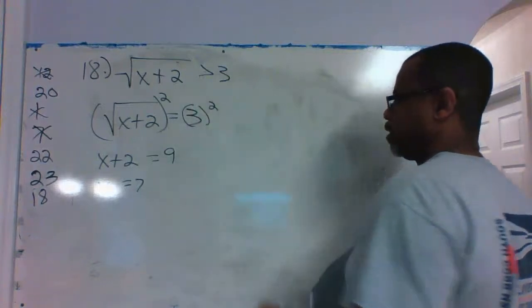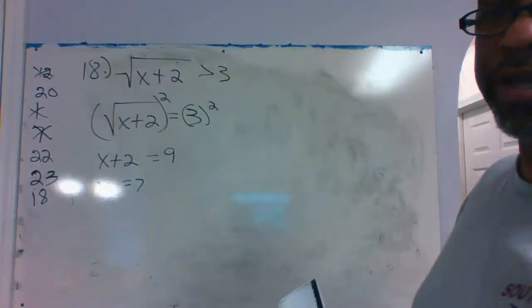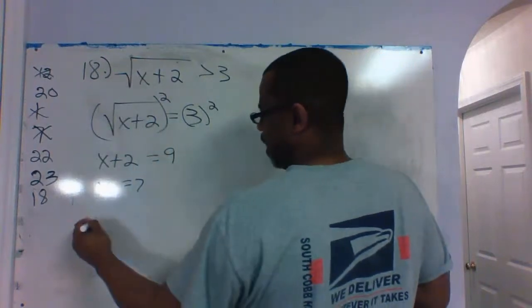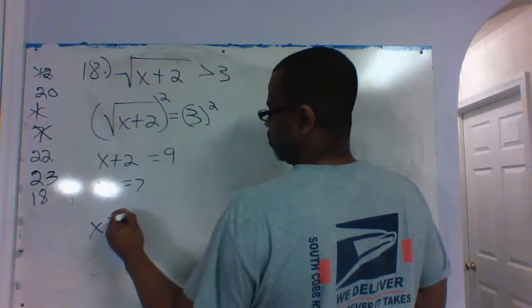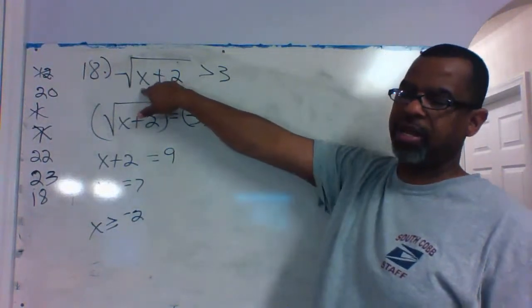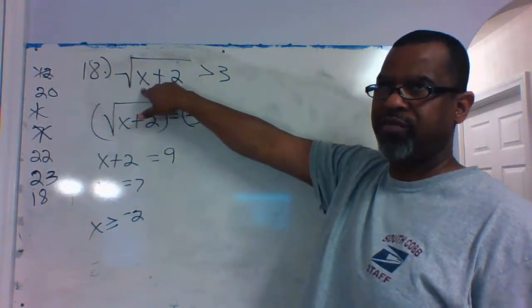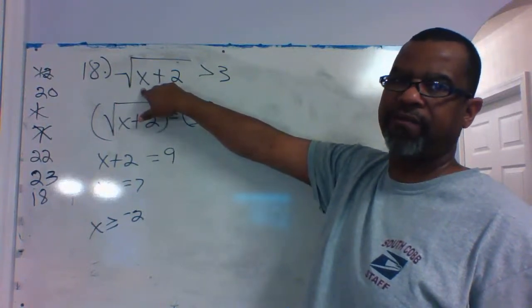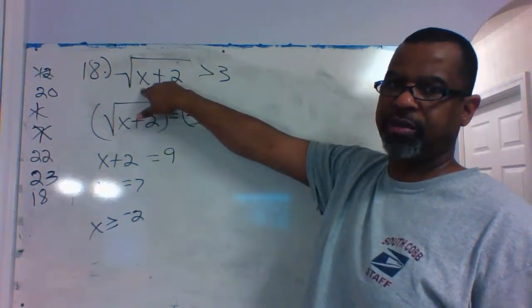Remember that this is a greater than symbol. Okay, so what we're going to do, we know that x has to be greater than or equal to -2. Because if we let x be less than -2, we're going to have a negative number up under the square root, which we can't have. Those are imaginary solutions, right?